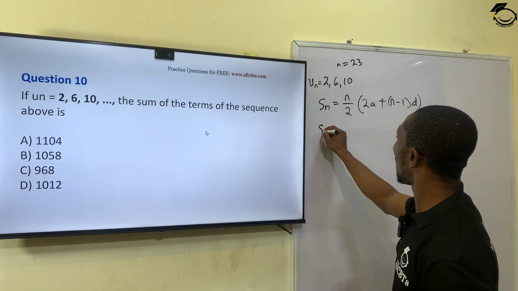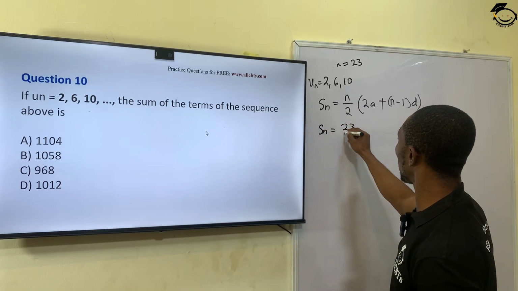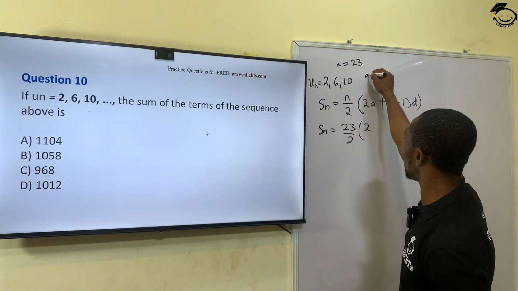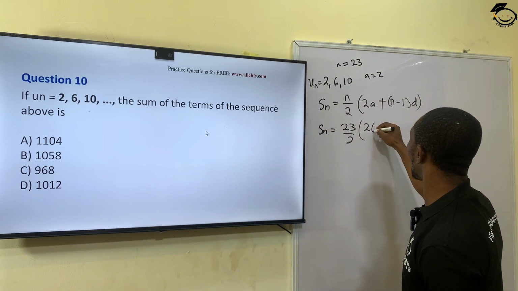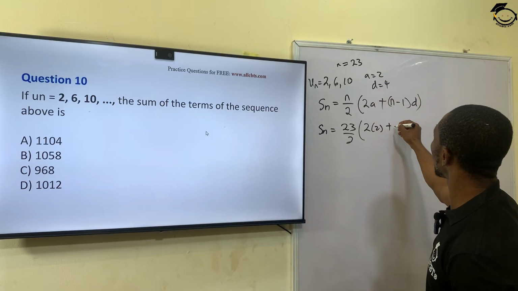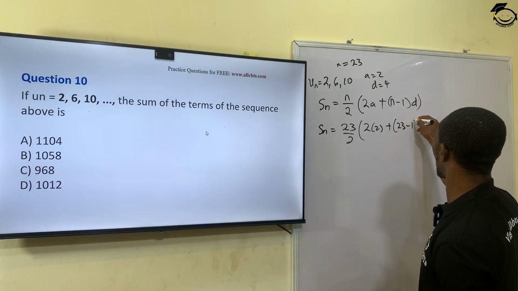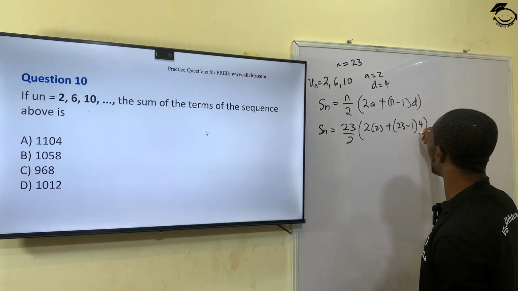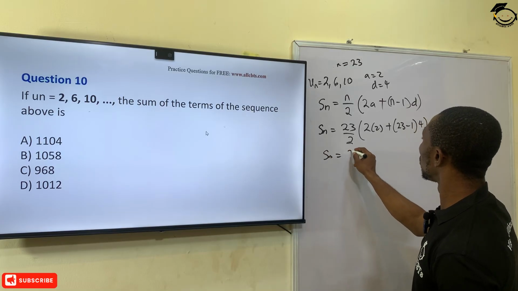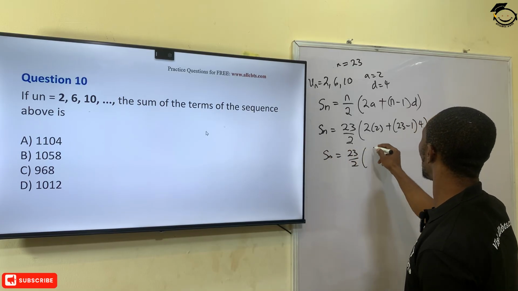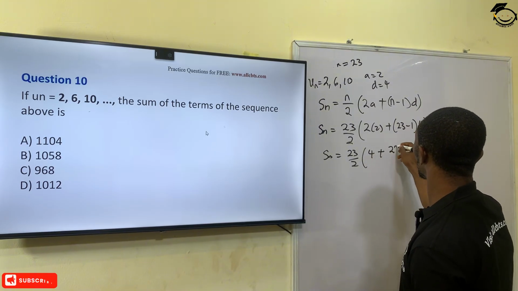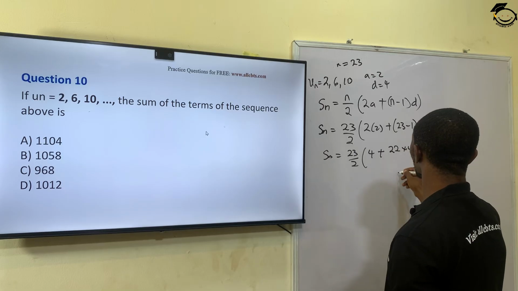This becomes Sn equals 23 over 2 bracket open 2 times our first term a, which is 2, and our common difference d is 4, plus 23 minus 1 times 4. So this will give us the sum of terms as 23 over 2 times 2 times 2, which is 4, plus 22 times 4.